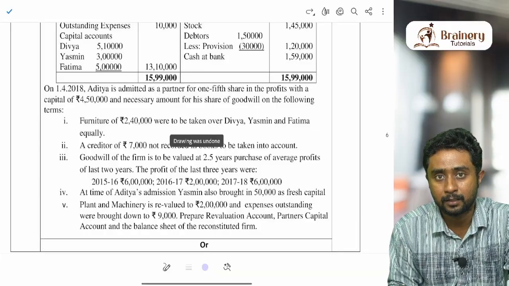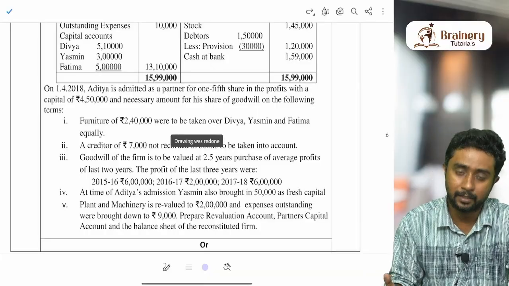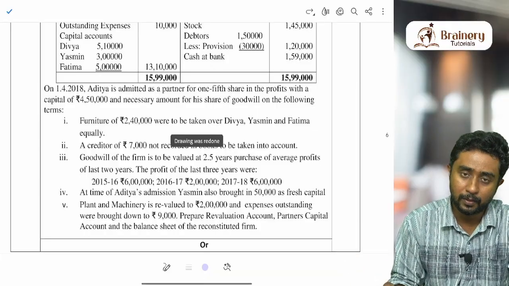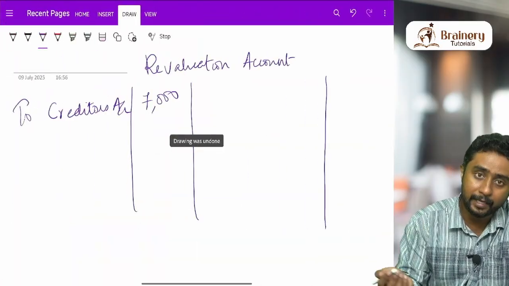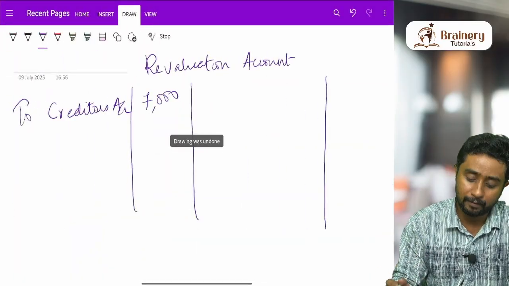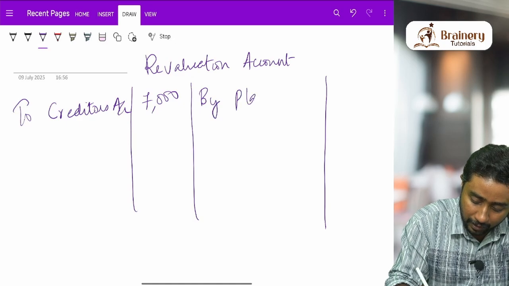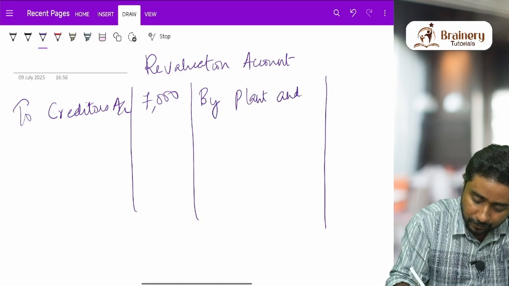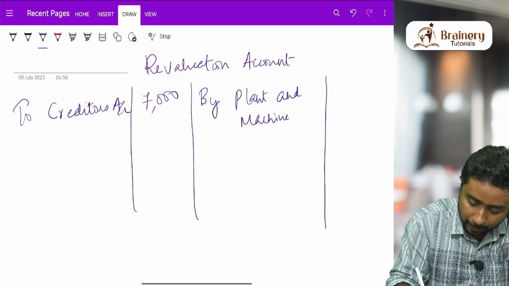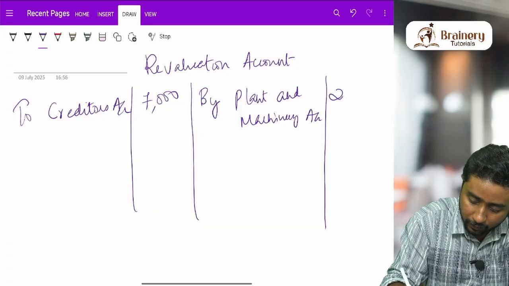So how much has it increased? It is increased by 20,000. So only 20,000 we have to show in the revaluation account. How will we show it? The asset is increasing, so credit side, plant and machinery account 20,000.